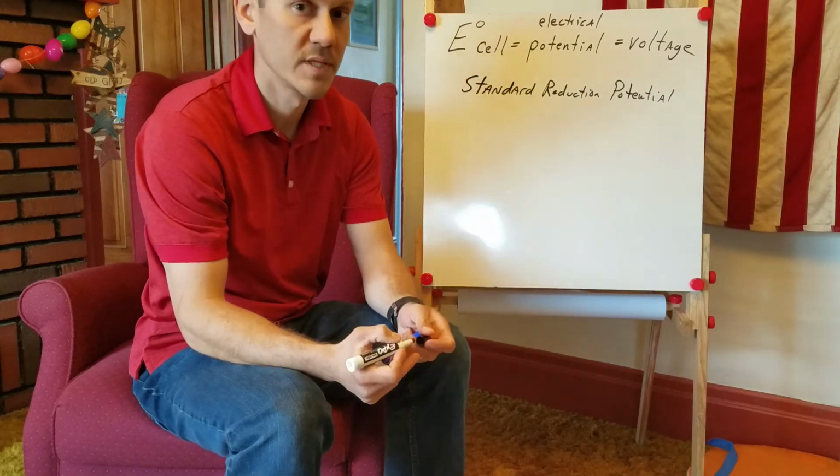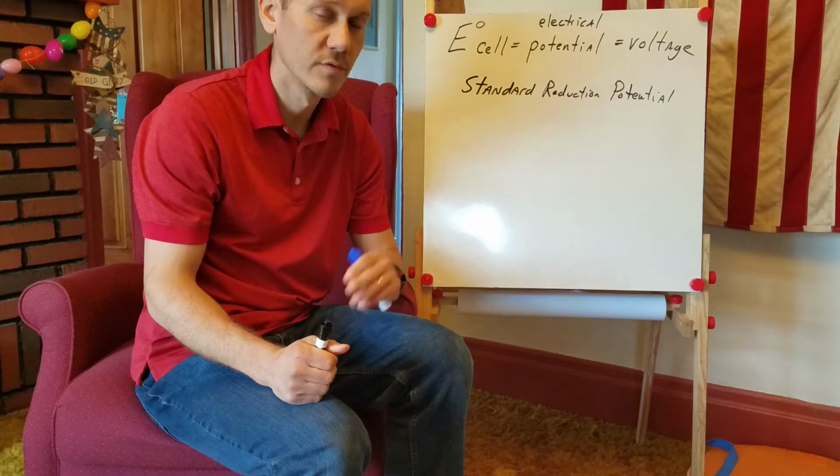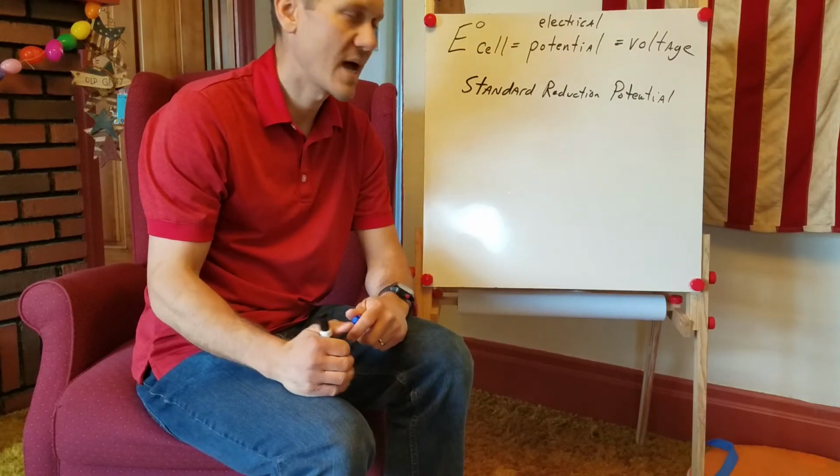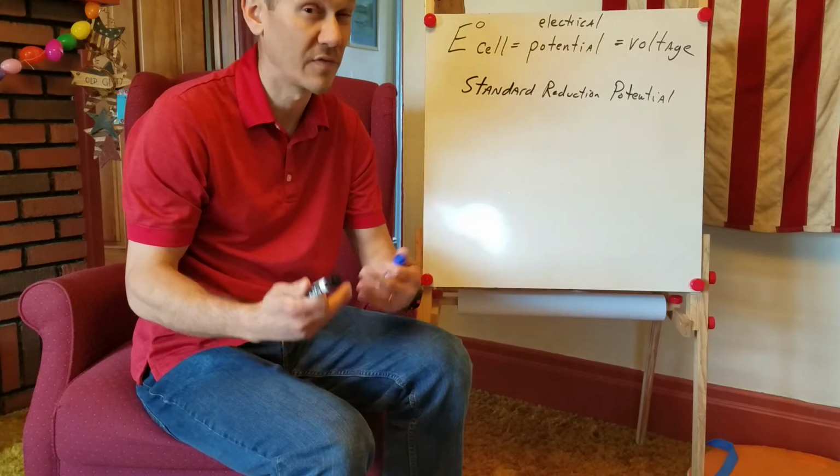The standard reduction potentials are listed in the back of your textbook in Appendix 35 through 37. You don't have to do a lot of math, you just have to add together two numbers. You just have to find the right two numbers.